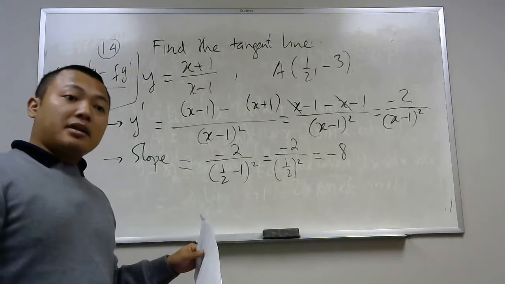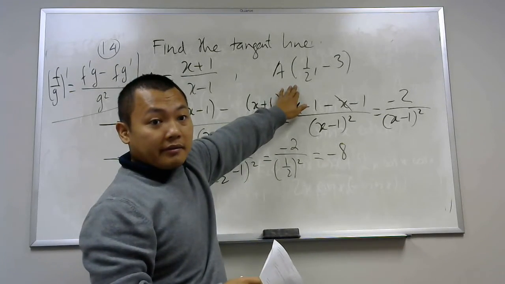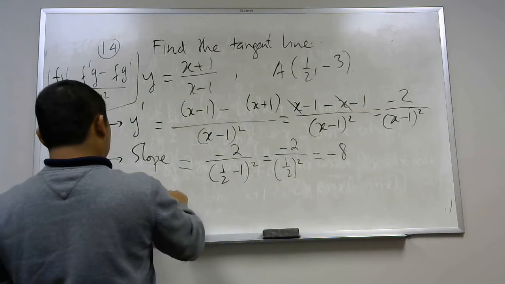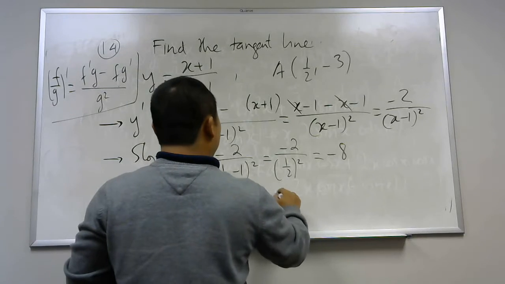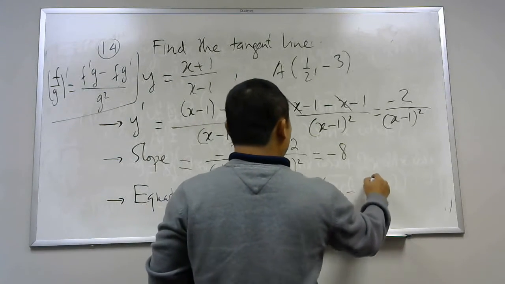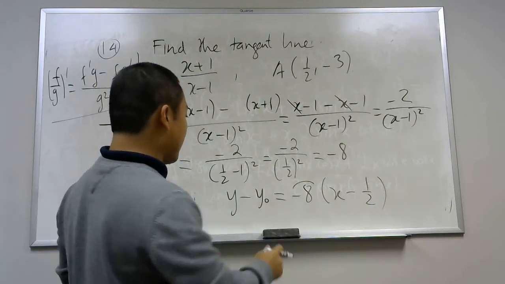So now we have the slope, and we have the given point coordinates in here. We just write the equation: y minus y0 equals negative 8, the slope, times (x minus 1/2), which is x minus x0.